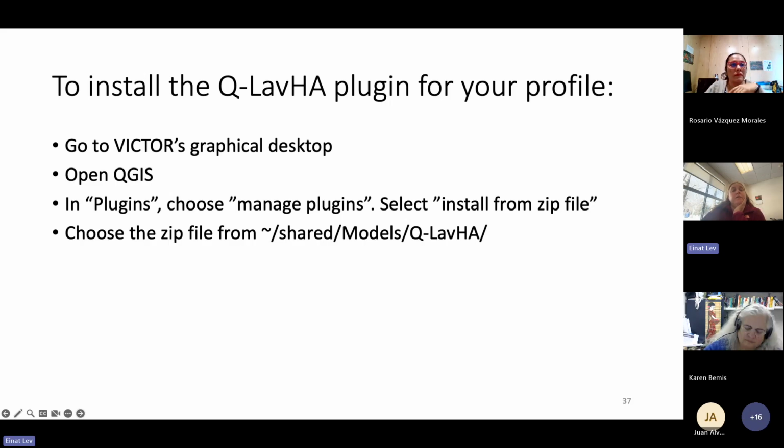And then we have the zip file for QLava under shared models QLava, so you don't have to go looking for it. Then you can add that plugin to your QGIS installation, so that you can provide it a DEM, the location of the vent, and all the different parameters it's asking for. It has a nice GUI.